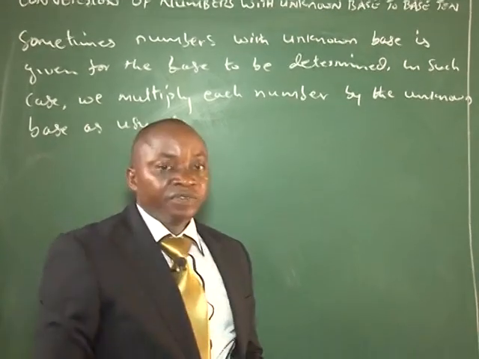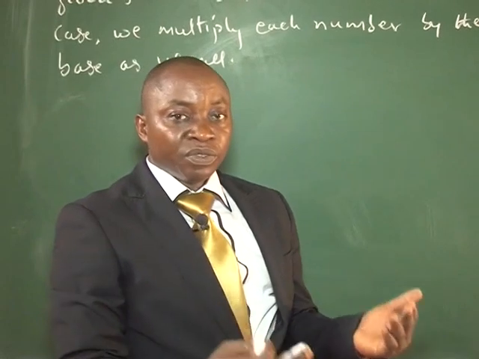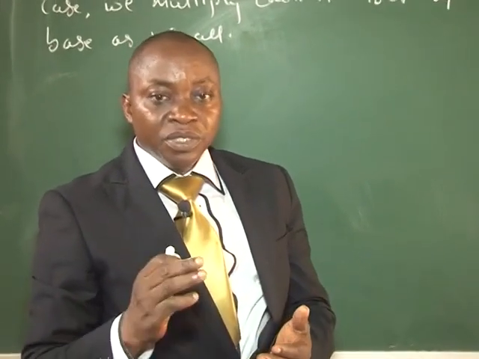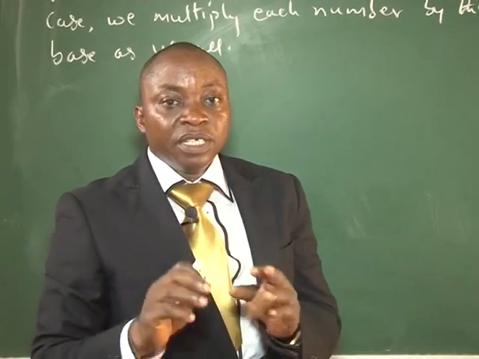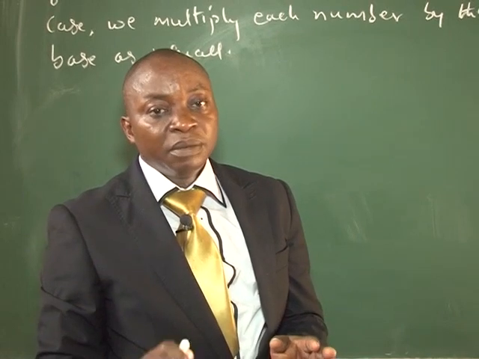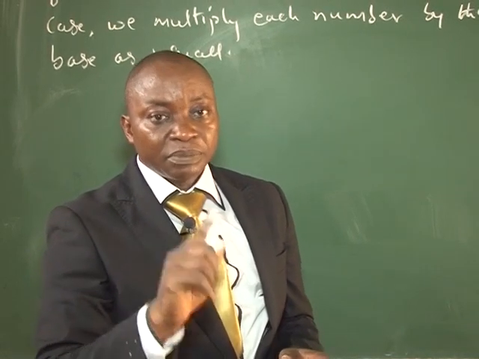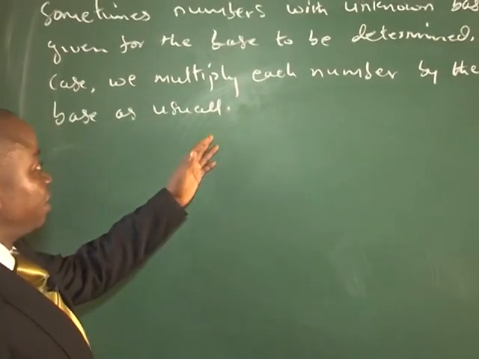What I mean is that when we are given a number with a base and we want to convert it to base 10, we use the base to multiply each number, which we have seen. Now, if the base is unknown, the usual way will also be done by using the unknown base to multiply each number. And that is what we are trying to explain here.